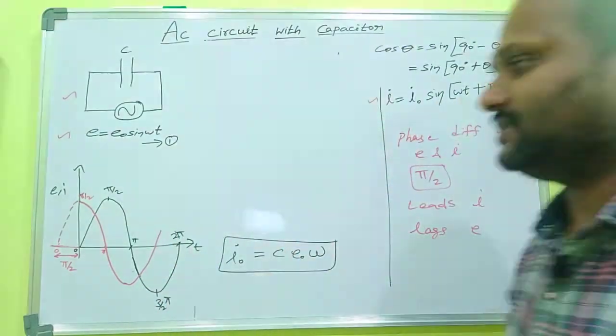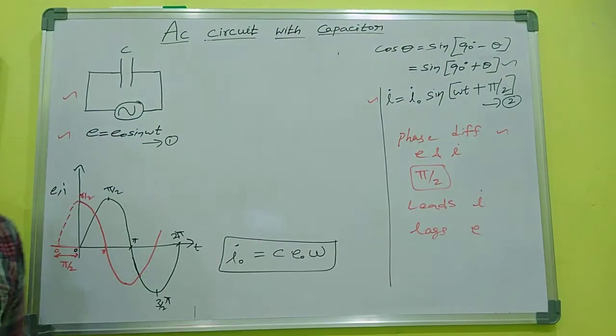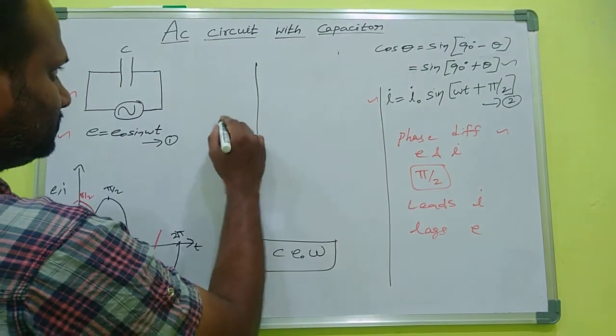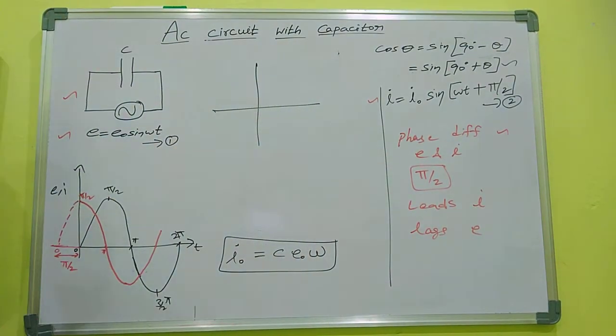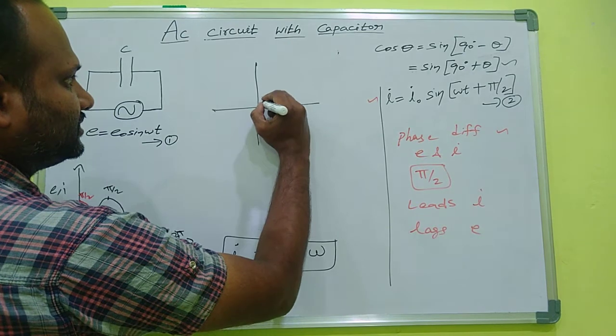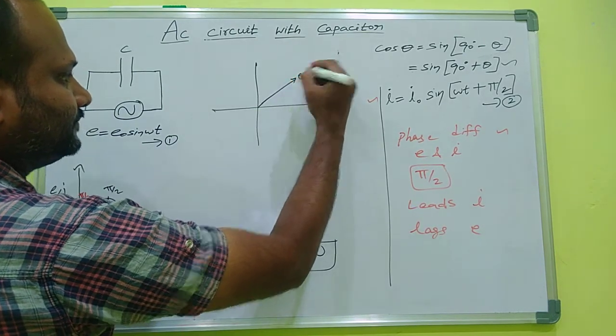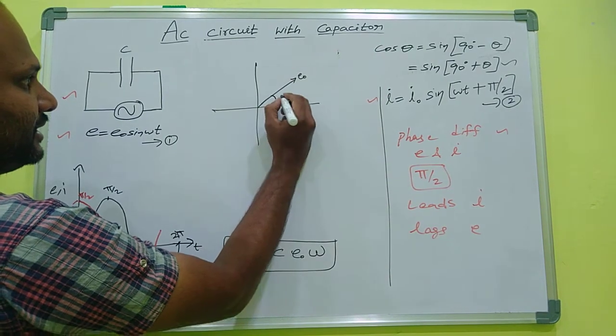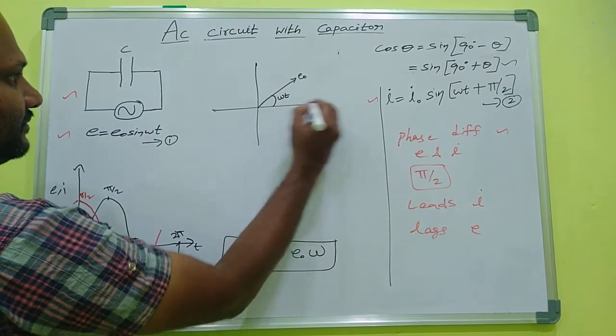Another way of representing phase difference is the phasor diagram. We know very well about the phasor diagram, I think. There is an x and y axis. Here, this is E0. At a time t, it makes an angle omega t with the x axis.